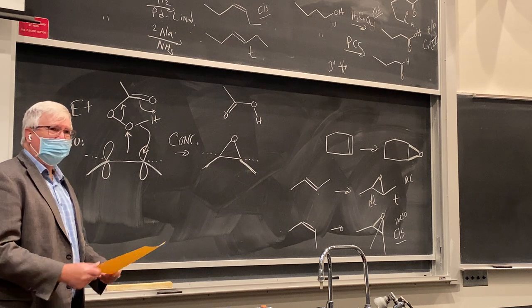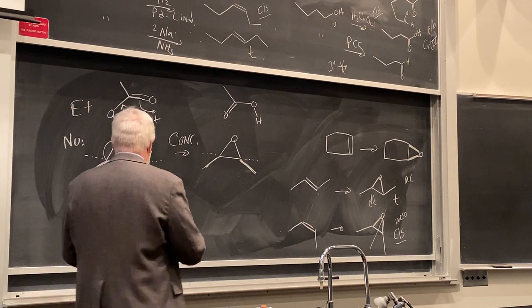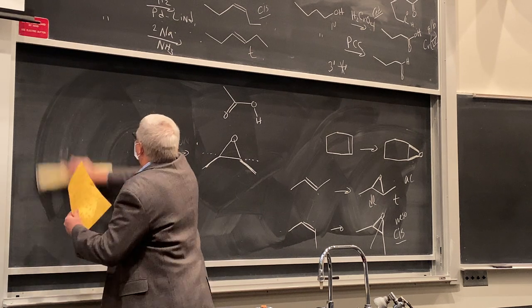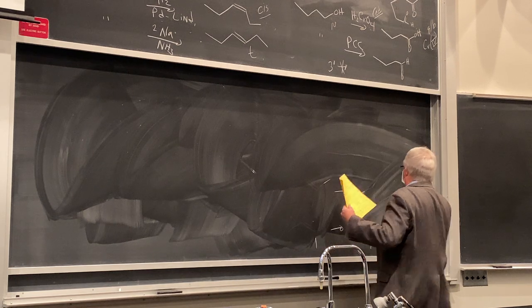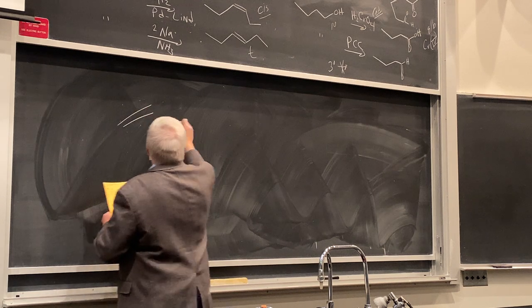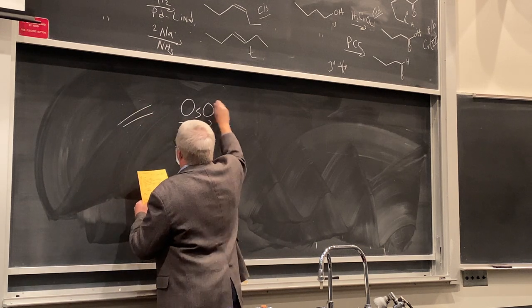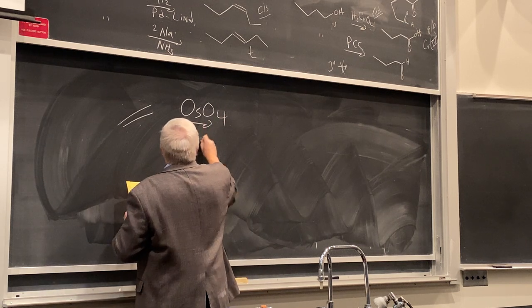Questions on epoxidation? Okay, let's do dihydroxylation, which is going to be what, the osmium reaction. And if we do the osmium, we're going to do this, osmium tetroxide. There often has to be some water in there.